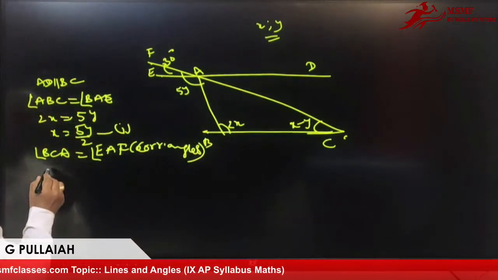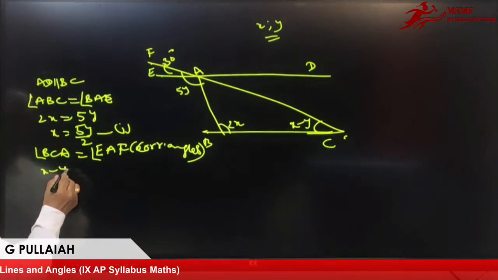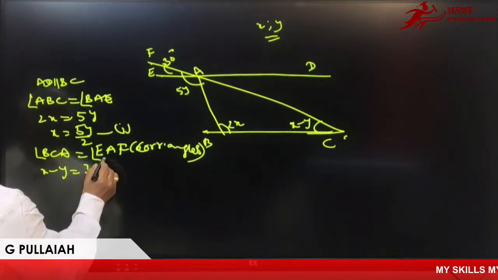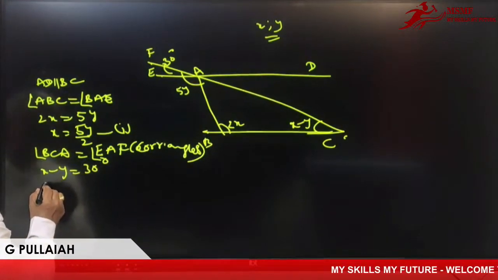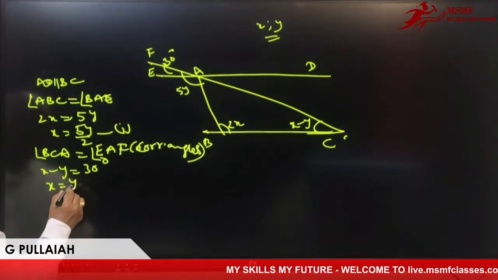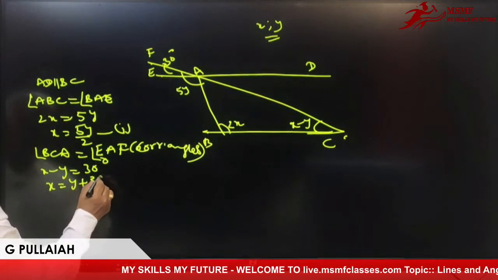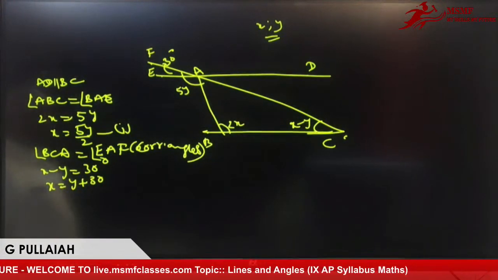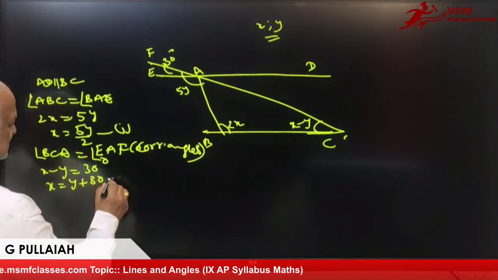So here it is given that x minus y equals 30 degrees. Therefore x is equal to y plus 30 degrees. Let us say this is the second equation.